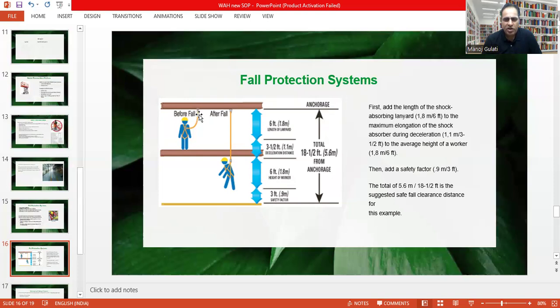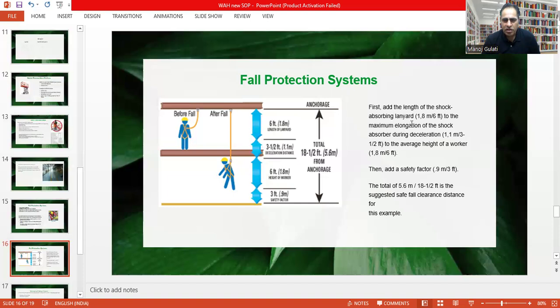When designing or using a fall arrestor for a particular application, we should add up the length of the shock absorber to the maximum length of retraction of the fall arrestor, and then it is to be added to the main height.